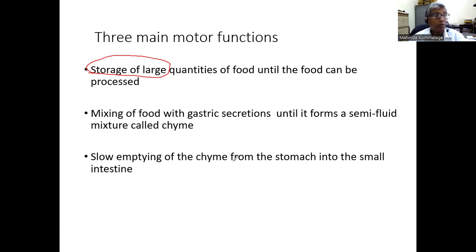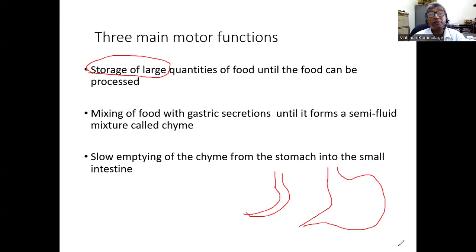So distension of the stomach you get as a feeling, and even externally you can see after eating a big belly comes, right? So that is due to storage in the stomach. Usually the stomach, if there's no food, is something like this, but if you get a good meal, it can become something like this, right? So it's the storage function.